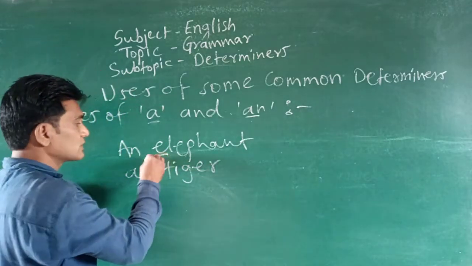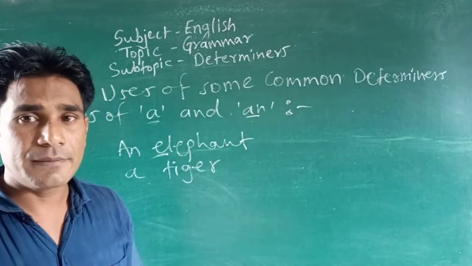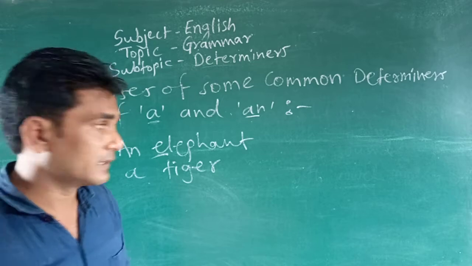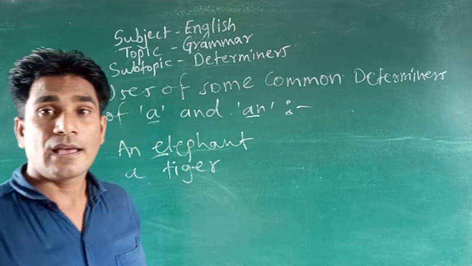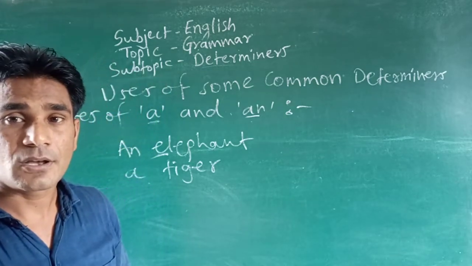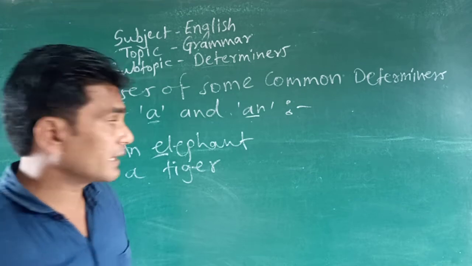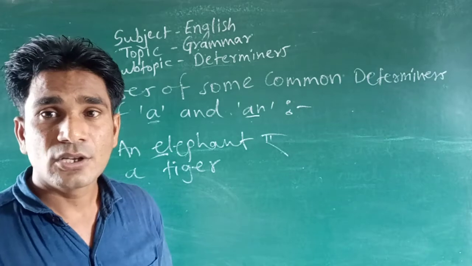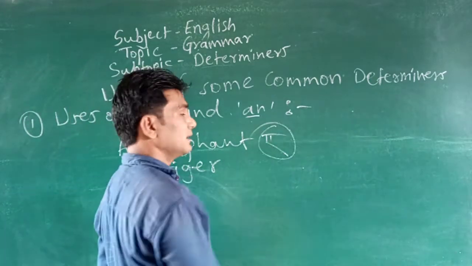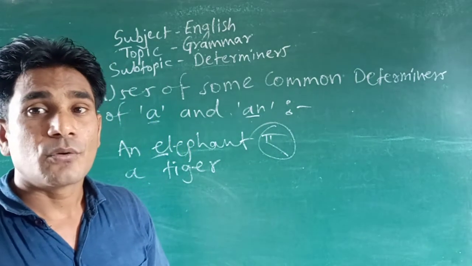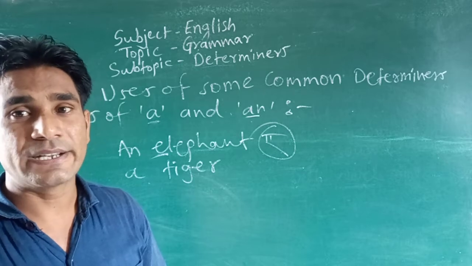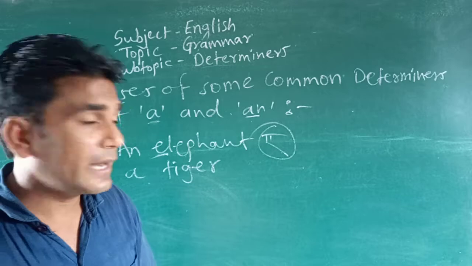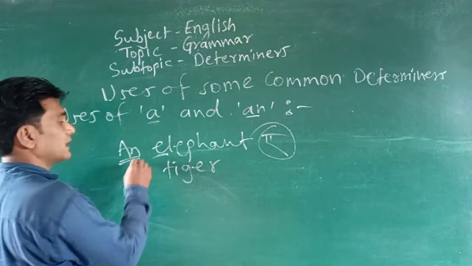Again, look at it and pronounce it: elephant. If you say elephant, again the a sound is there. As we know, it is a vowel sound, and as it is a vowel, an is used there.